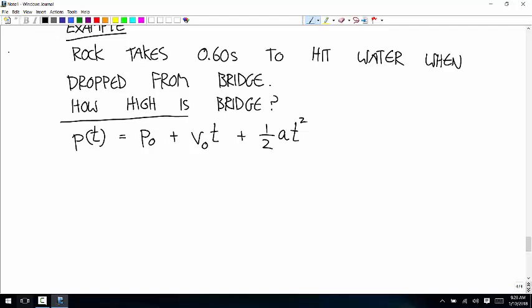We have to think about our choices of position equals 0 and positive direction. So let's say position equals 0 is at the surface of the water. Positive direction is up. And our time equals 0 is going to be when it's dropped.